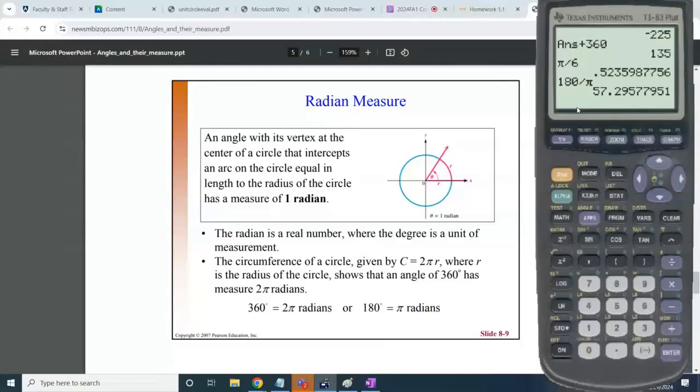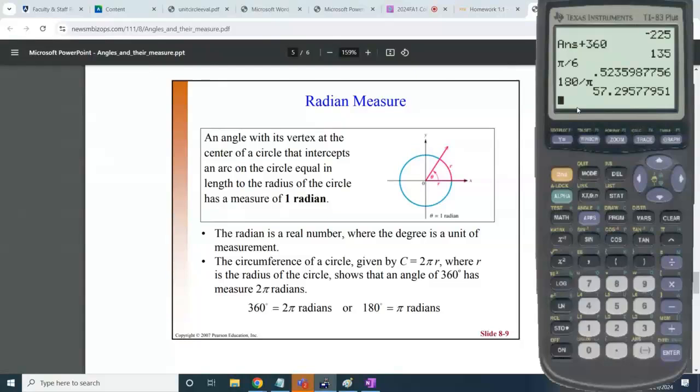Even though you never really see that written anywhere, 1 radian is equal to 57.2 degrees. Which means that if I were to take that pi over 6, which is 0.523 radians, and multiply that by 57.297, I'm going to get something close to 30.